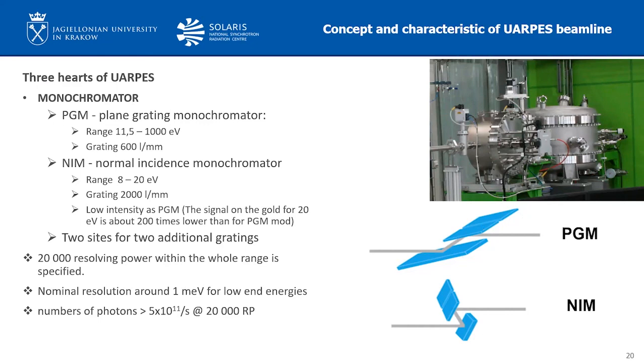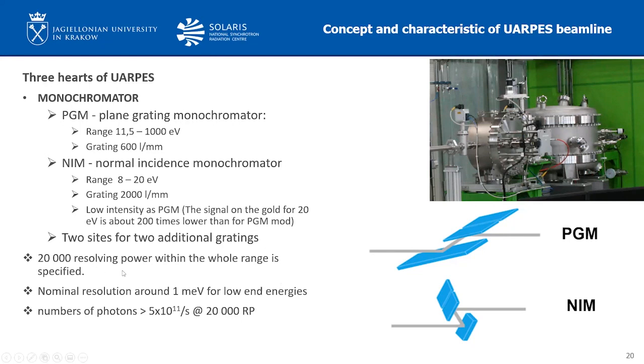And here is the normal incidence monochromator, NIM. The monochromators work with gratings of 600 lines per millimeter for PGM and 2000 lines per millimeter for NIM mode.